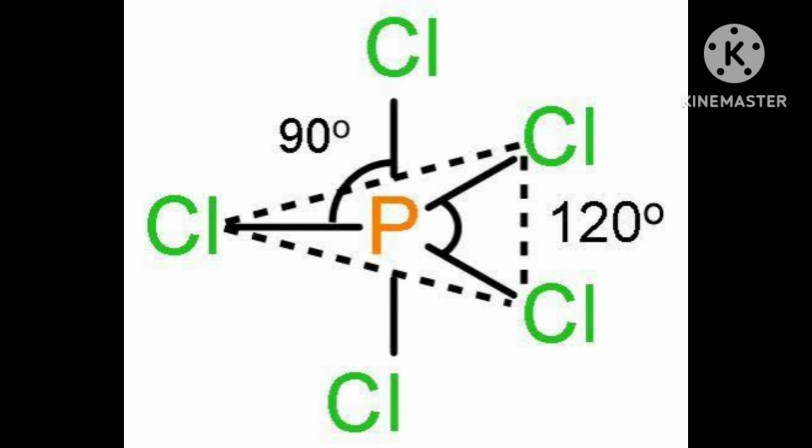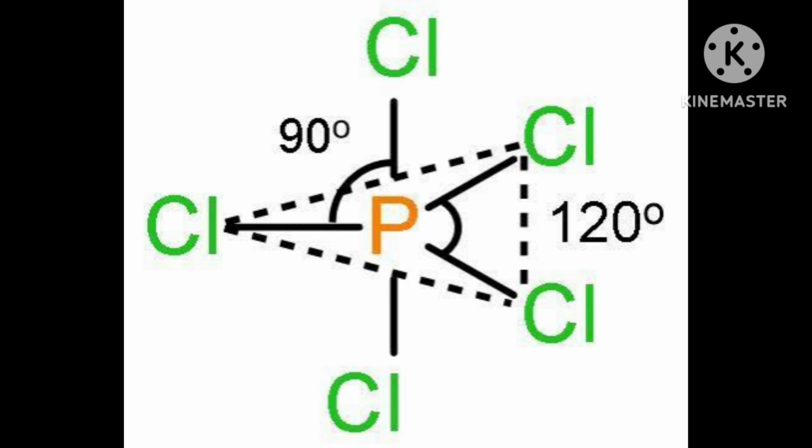The bonds making a straight line are called axial, and the 3 making a triangle are called equatorial.